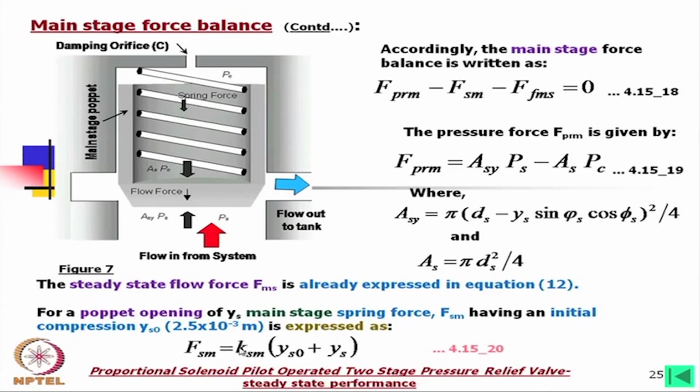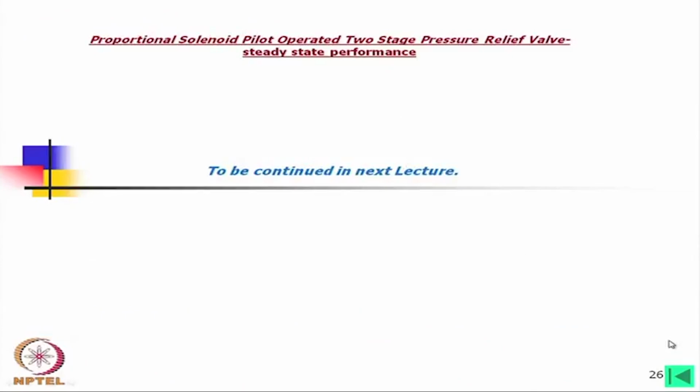Now, this is for a specific value, of course, where we have used this formula. In that way we can estimate the force balance; everything we can calculate. So, we have seen how we can estimate the orifice characteristics, the force balance equation, the flow force, everything.